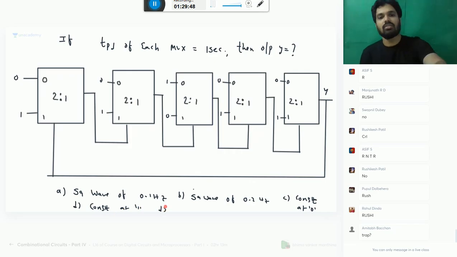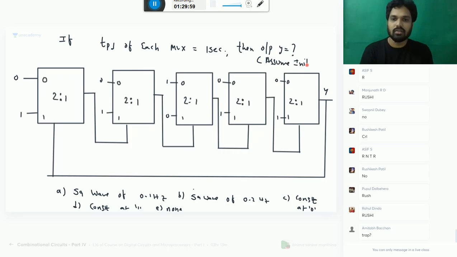Option E, none. Okay. Assume initially y equal to 0. So just read the question.